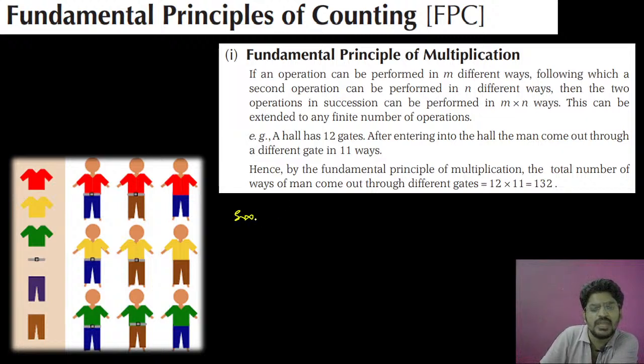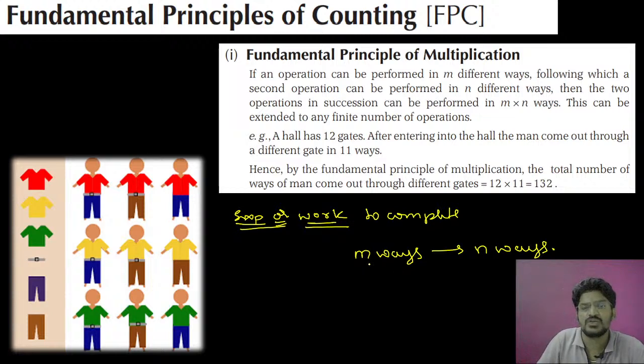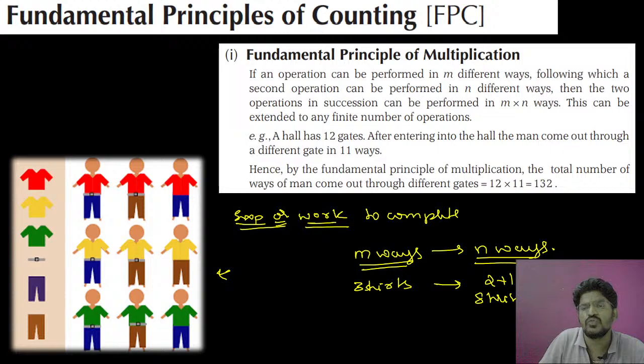If one experiment or work has to be completed, m different ways follow n different ways. For example, here 3 shirts follow 2 plus 1, that is, 2 pants and 1 belt.